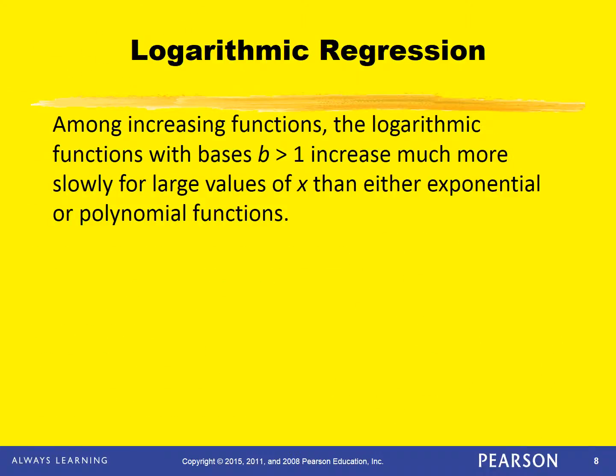Among increasing functions, the logarithmic functions with bases b greater than 1 increase much more slowly for large values of x than either exponential or polynomial functions, right? I mean, if you've got a logarithm with base b greater than 1, like say base e, maybe we're talking about the natural logarithm, it's really slow to increase.